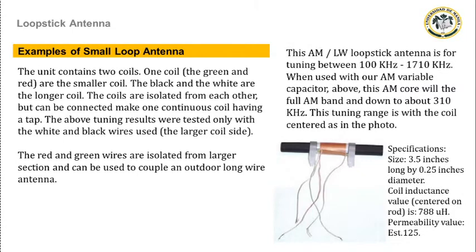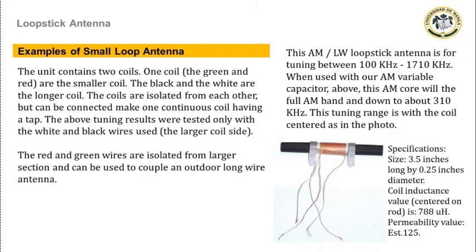This is an AM or LW loopstick antenna for tuning between 100 kHz up to 1710 kHz. When used with our AM variable capacitor, with this core it will cover the full AM band and down to about 310 kHz. This tuning range is with the coil centered as in the photo.